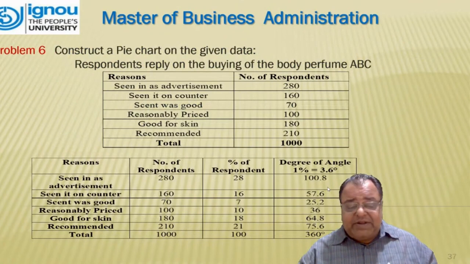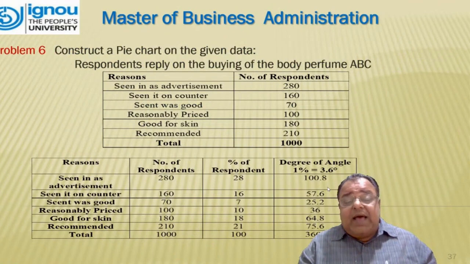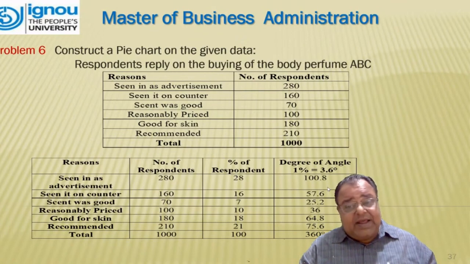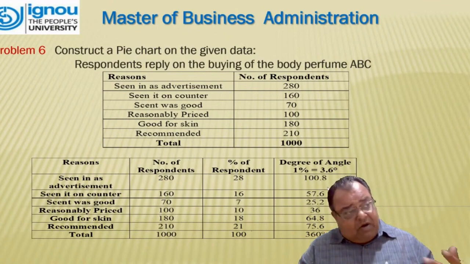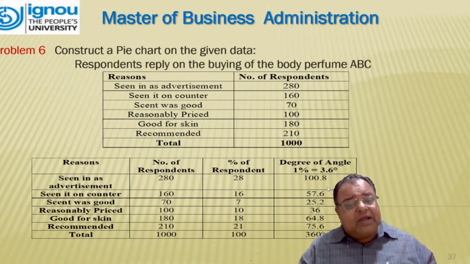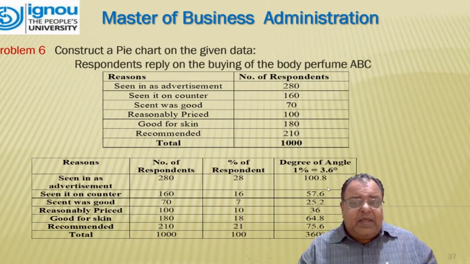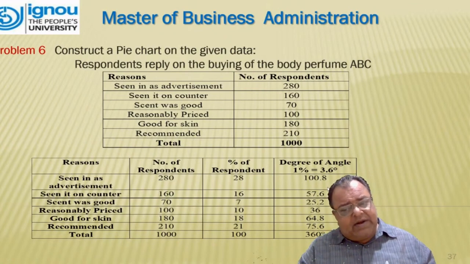The reasons are: seen in an advertisement, seen on the counter, scent was good, reasonably priced, good for skin, or can be recommended. We have the different values for the respondents: 280, 160, 70, 100, and so on, and when we total it up, it comes out to be 1000.